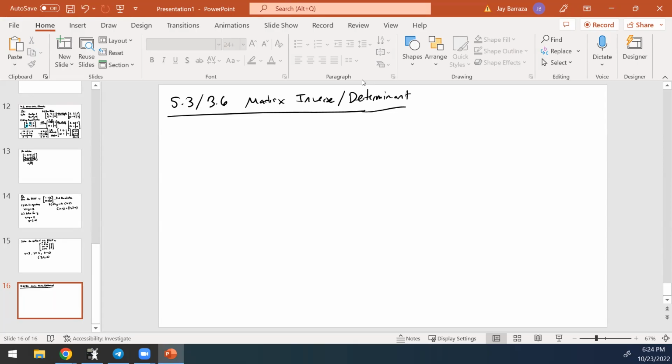So the determinant of A for 2 by 2 is, so this is how you find the determinant. You take a matrix. And this only works for 2 by 2. And you only have to know for 2 by 2.